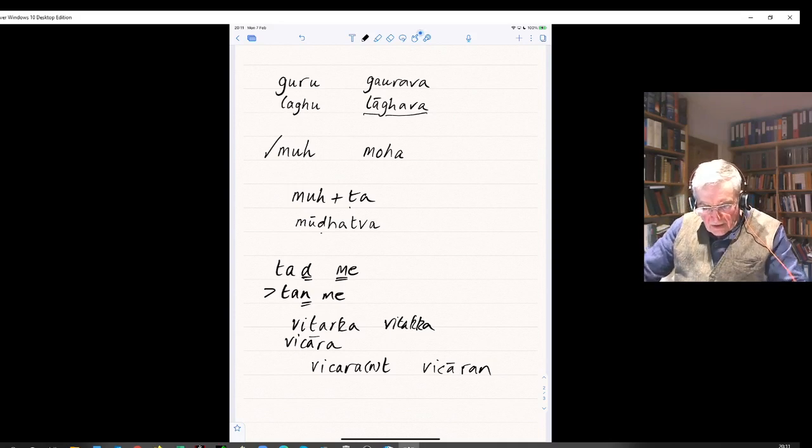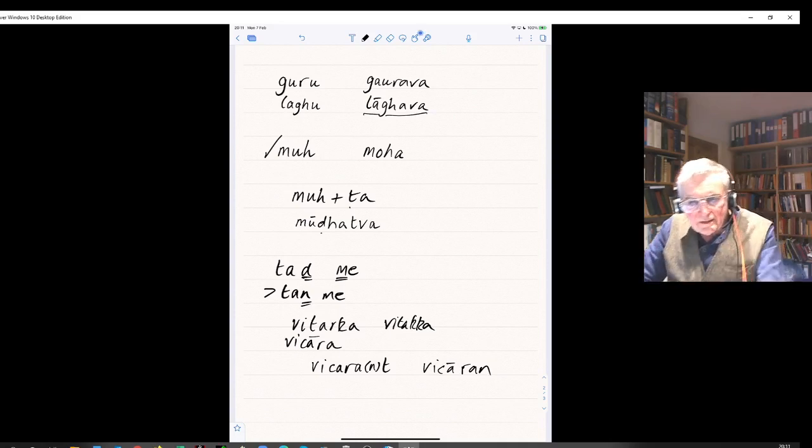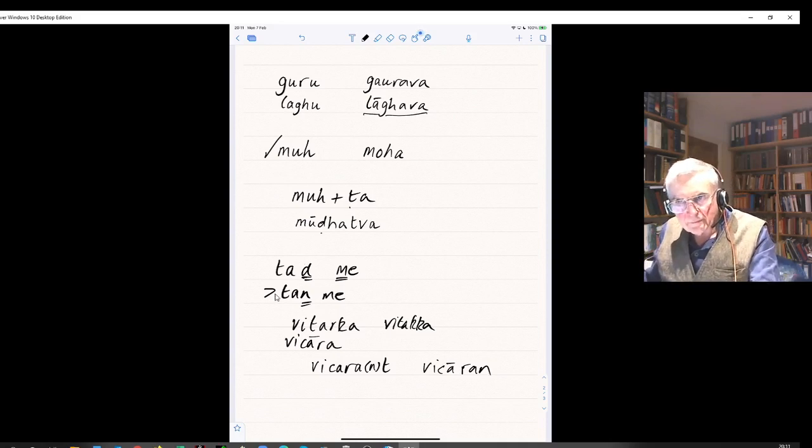So I will read this again. Atapi hastapadadi datavyamiti me bhayam guru laghava mudhatvam tanme syad avicharata. And that's it on verse 20.